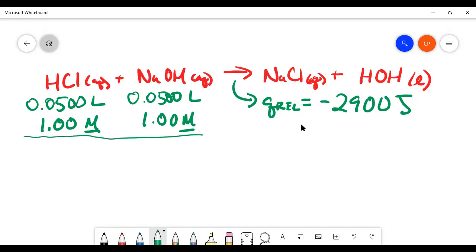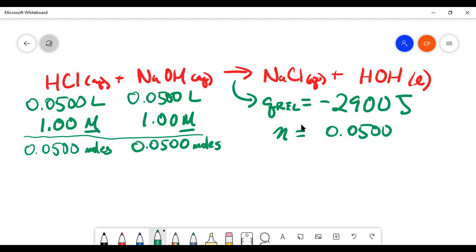So I can totally convert this volume of hydrochloric acid at this molarity to a number of moles. The number of moles present of reactants is going to be 0.0500 moles.